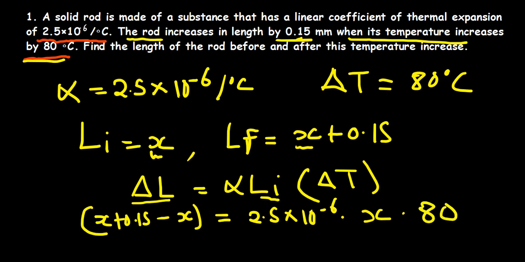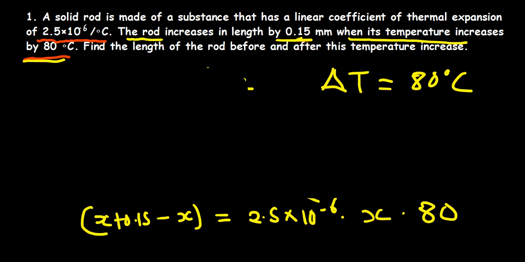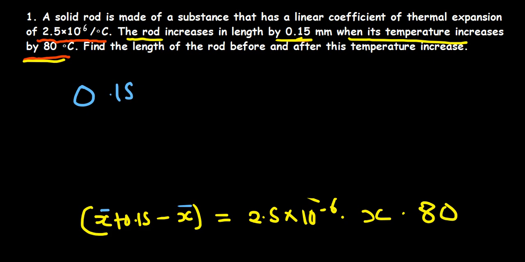What is left is just to do some calculations. On the left hand side, this x minus this x cancel, so we remain with 0.15 equals 2.5 times 10 to the power minus 6 multiplied by 80.